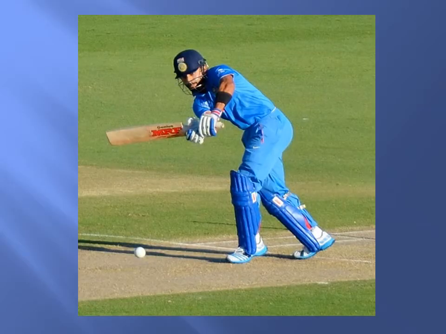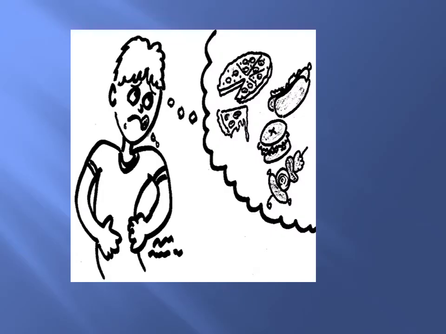Here you can see another example. In this example, the cricketer should not avoid that contact. He should definitely respond to that ball at the correct time. And there's another example. Imagine you may have had that experience before.